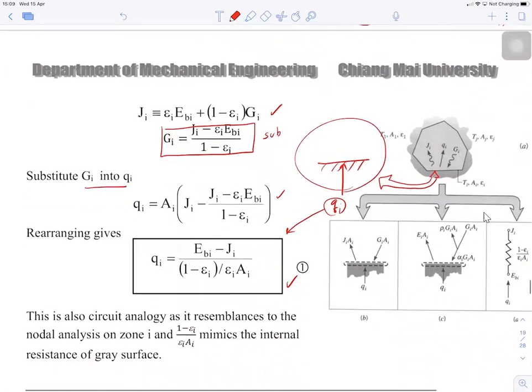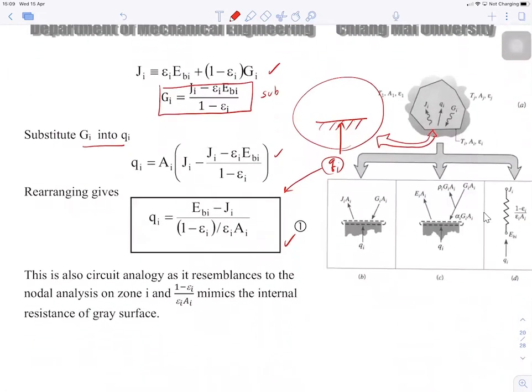And if you take a look at this equation, equation 1, it seems to be, once again, a circuit analogy.